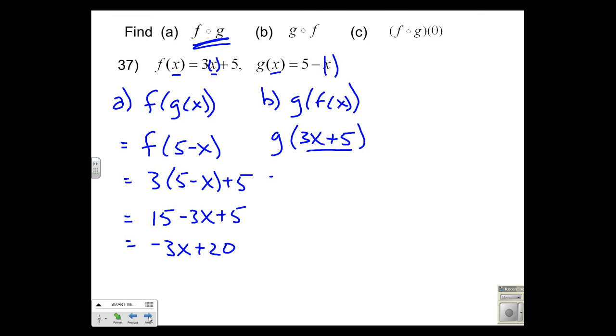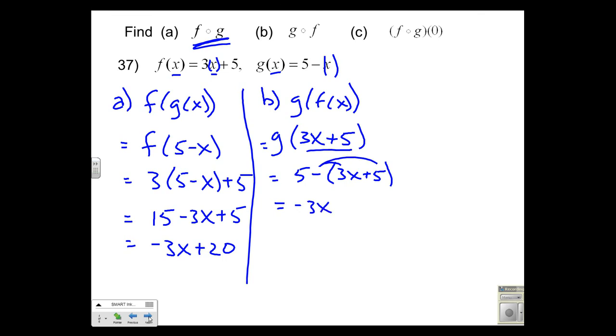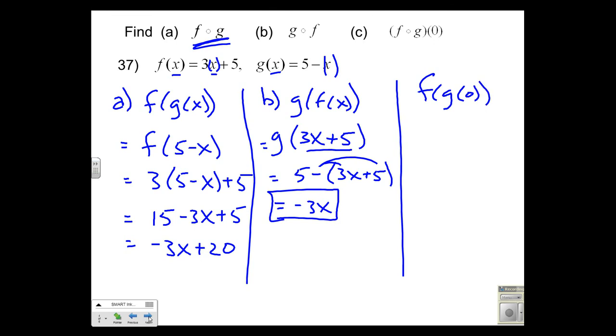So g of x is equal to 5 minus 3x plus 5, and I get negative 3x. So far, so good. But I get 5 minus 5, 0, just negative 3x. So we now can determine that if I've done this right, that the composition of functions is not, in fact, commutative.